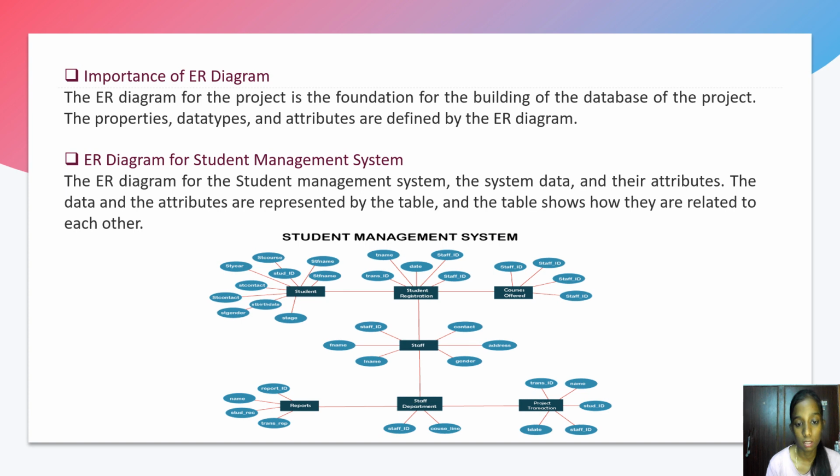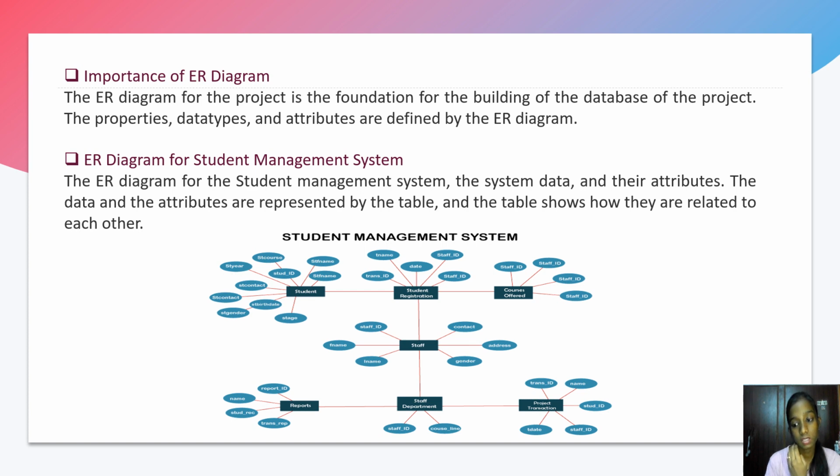So these are the tables, and how they are differentiated among each other, like student registrations, courses offered, staff, reports, department, project transactions, transfer ID, name, like that. They are differentiated among various types of student management systems.